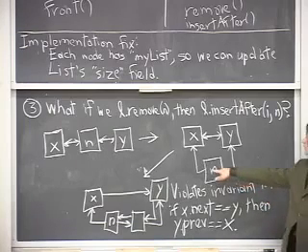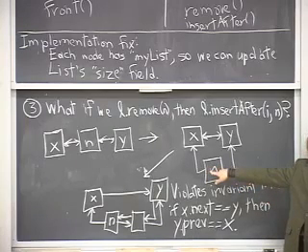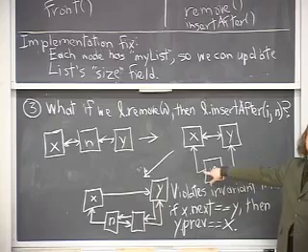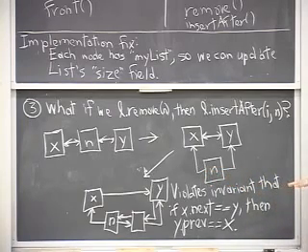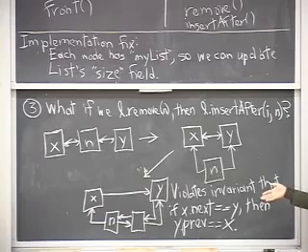Now, again, if you did implement your remove method so that it sets these two pointers to null, then your implementation won't mangle the list in this way, although it still will mess up the size field of the list.